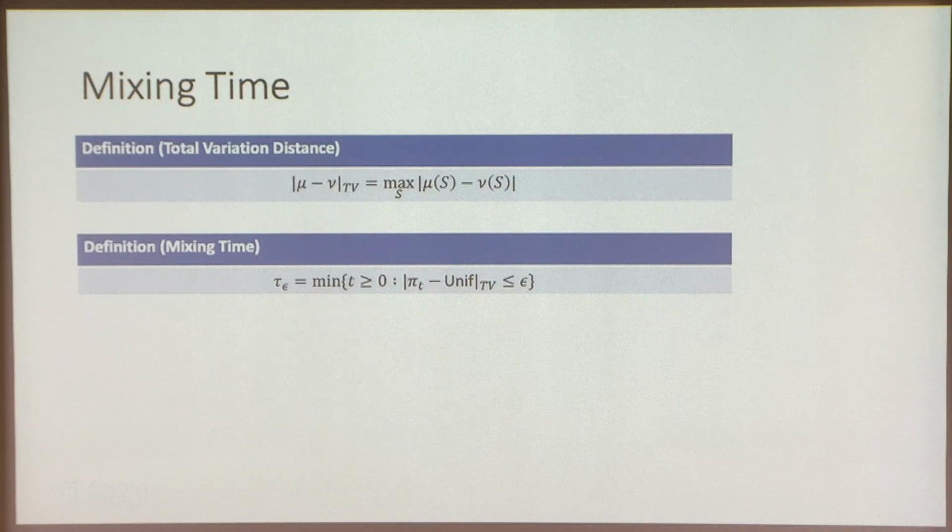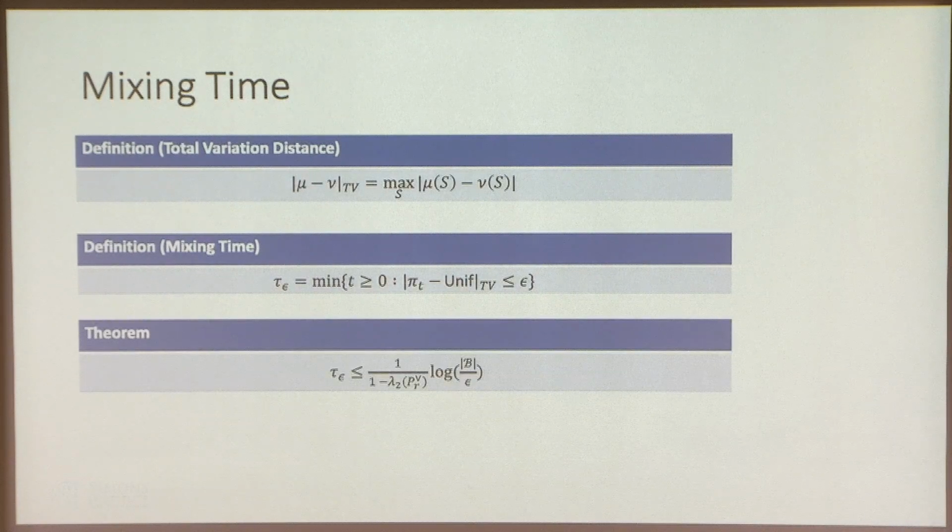And then we define the mixing time as the minimum time it takes for your Markov chain distribution to be epsilon close to uniform. And it's a well-known fact that you can upper bound the mixing time by the inverse spectral gap of your transition probability matrix times a logarithmic factor like log of 1 over epsilon and log of the size of your state space.